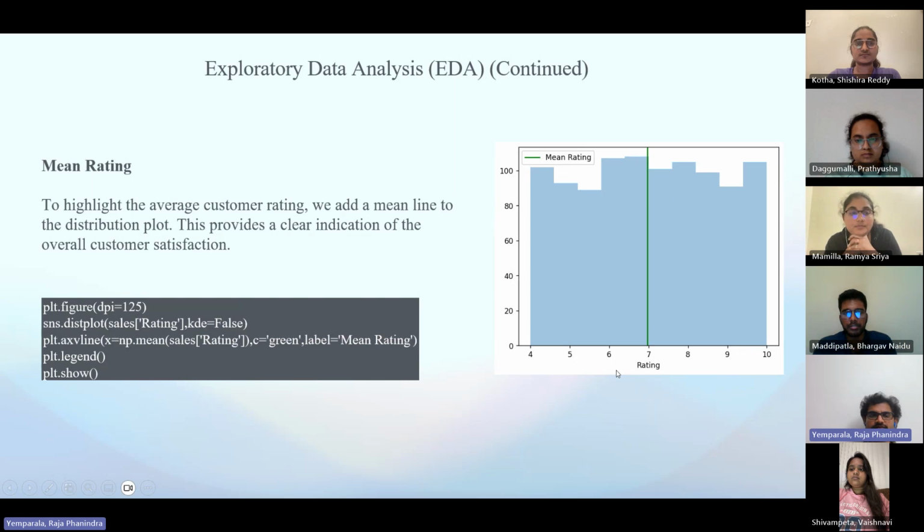The x-axis would be the mean sales rating, with np.mean, the numpy function, which we have used to take the mean of ratings, and we place it on the x-axis as the customer ratings, and the y-axis is the percentage of the customer rating. So we got the mean rating at 7.